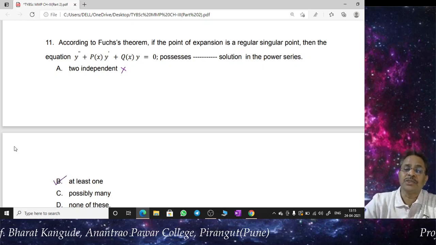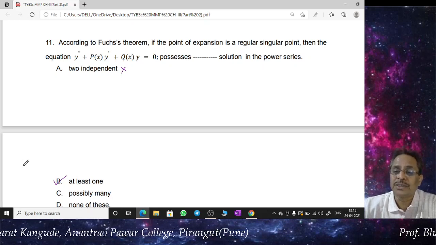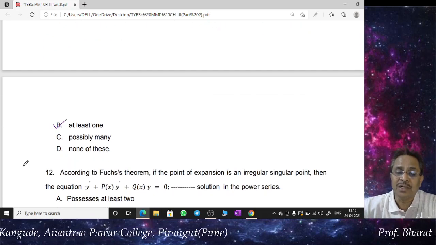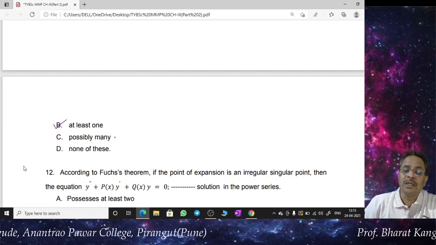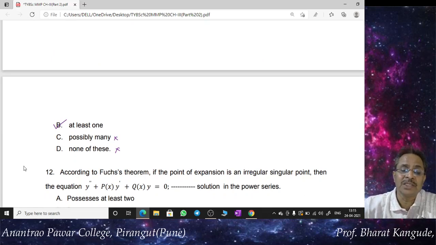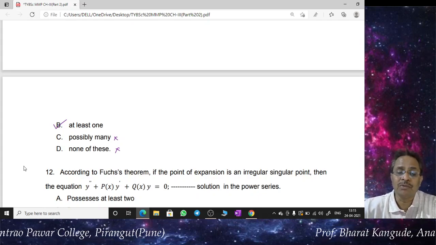This is the correct option. It possesses at least one power series solution. That is what the second option B says, and it is the correct option. Option D and option C are not at all correct here. So for question number 11 the correct option is that at least one power series solution is possible provided the given point is a regular singular point.